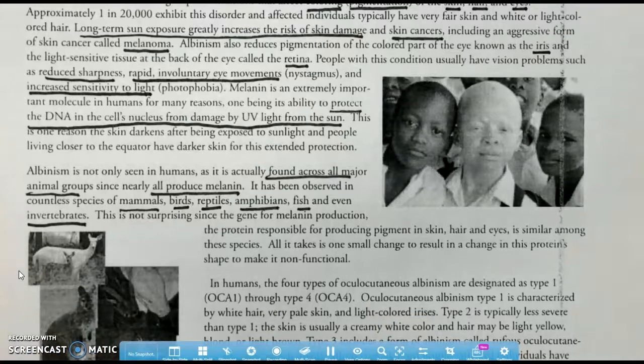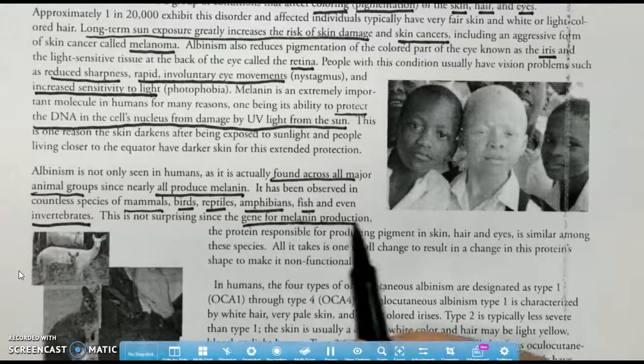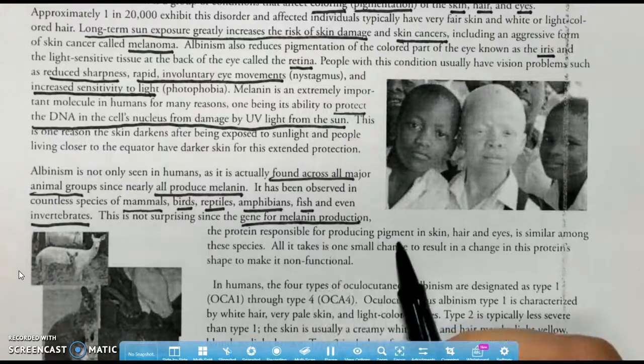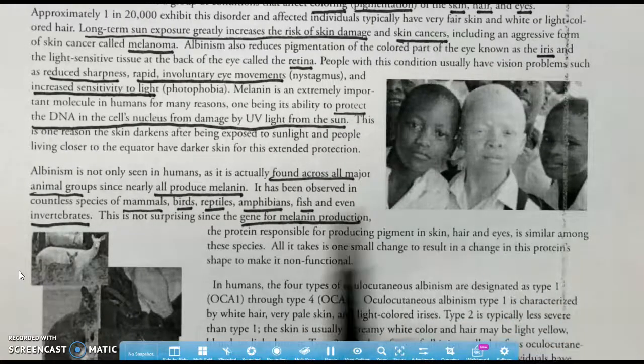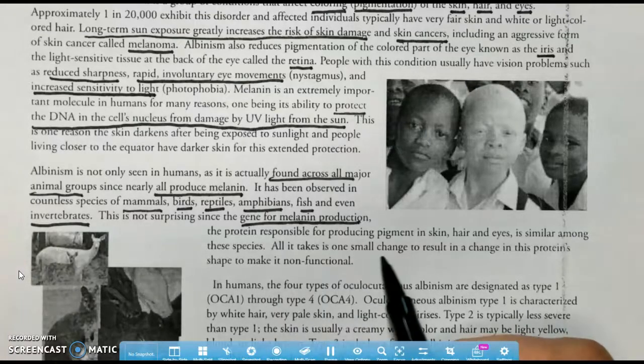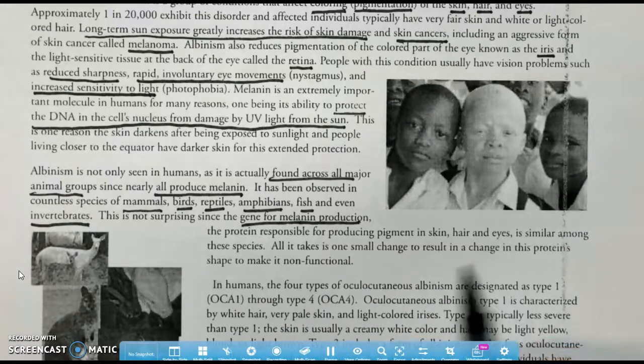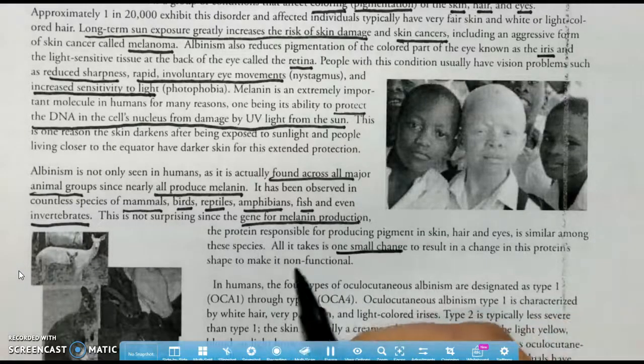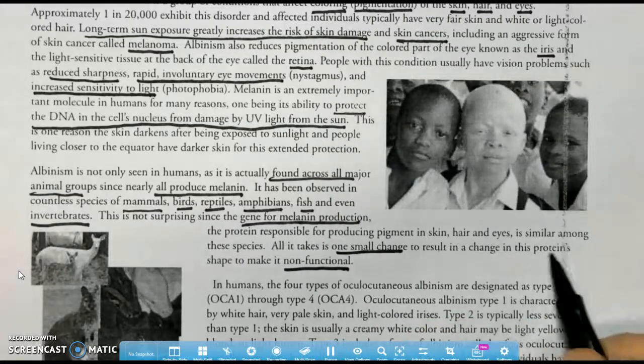This is not surprising since the gene for melanin production, the protein responsible for producing pigment in the skin, hair, and eyes, is similar among these species. All it takes is one small change to result in a change in this protein shape to make it non-functional. So one small change and the protein that creates melanin can become non-functional.